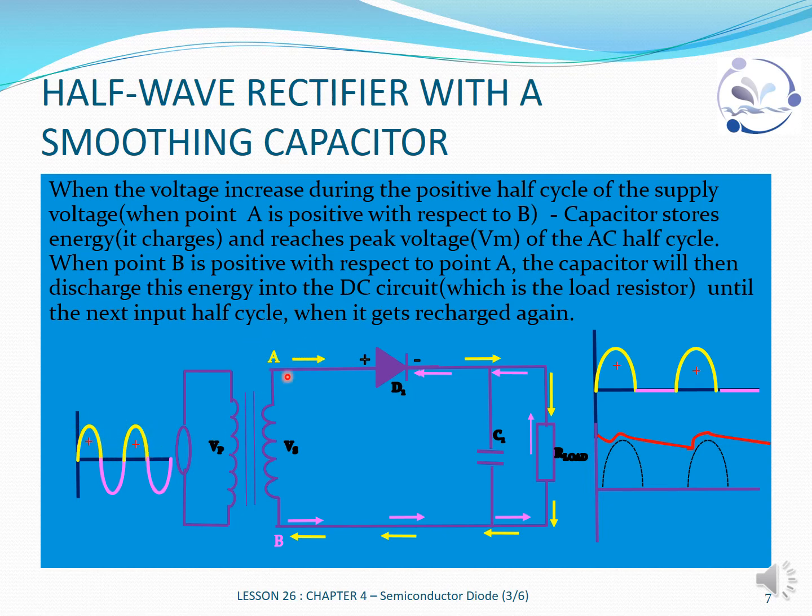Then A is positive with respect to B, and our capacitor charges. It charges and waits for the negative half cycle where B will be positive with respect to A, and our diode will not be allowing current to flow. And when there is no flow of current, our capacitor will kick in and discharge.